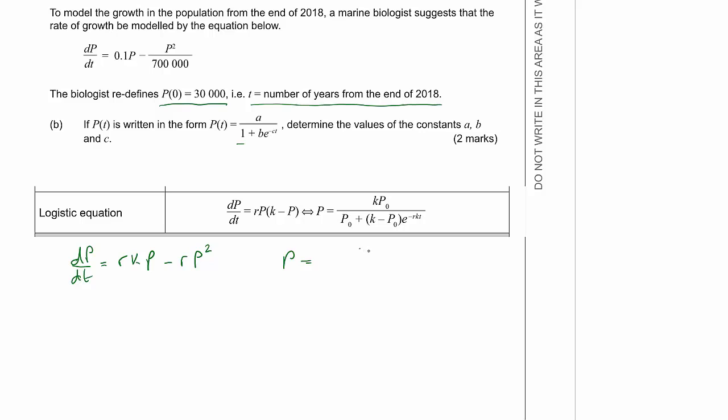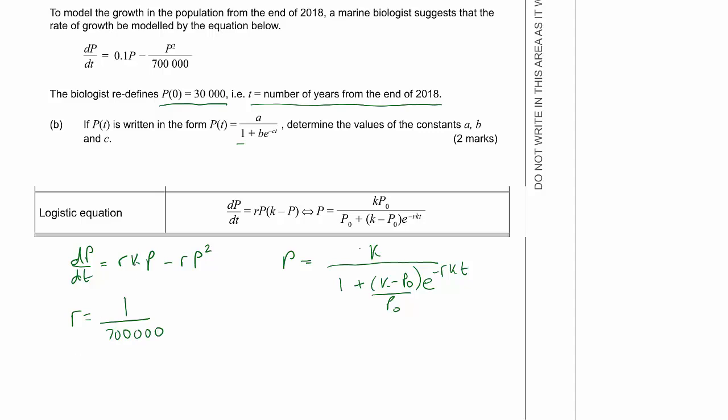So we're going to just have k on the top, and then we'll have 1 plus (k minus P naught) over P naught e to the negative rkt. Now if we compare our equations, so rP squared and P squared over 700,000, that's telling me that r is 1 over 700,000.